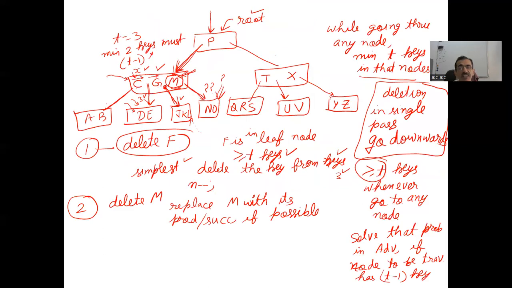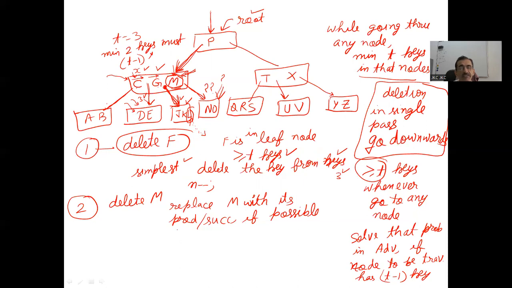For example, in this case, M's preceding child is in this direction. The preceding child has greater than or equal to T keys. It has 3 keys, so I can get the predecessor from the preceding child. In this case, the predecessor is here, but sometimes it can be further down.